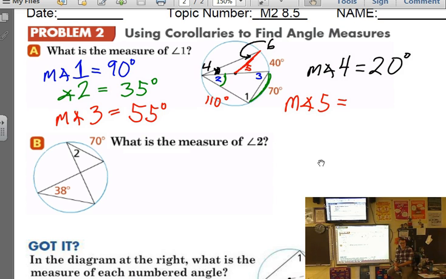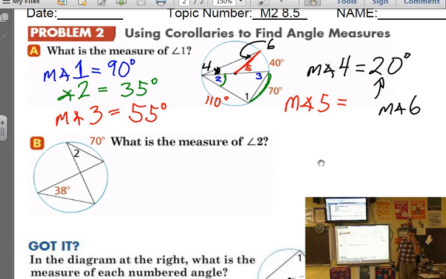I know 4 and 6 are the same measurement. Why? Because they're a chord, and you have two radii going out, and they're connected. So we've made an isosceles triangle because we drew the radii. So this angle 6 also has to be 20 degrees.